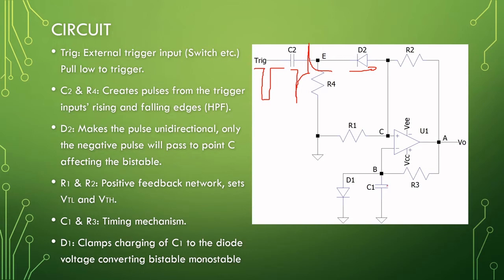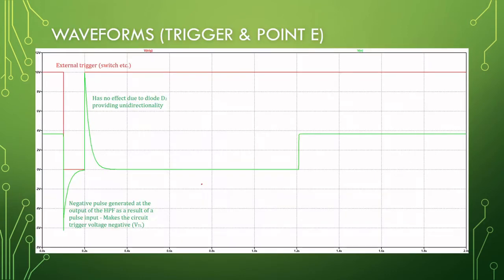C1 and C3 are for our timing mechanism. This diode here changed our astable into a monostable. R1 and R2 are our feedback factor, and this up here is our triggering element.